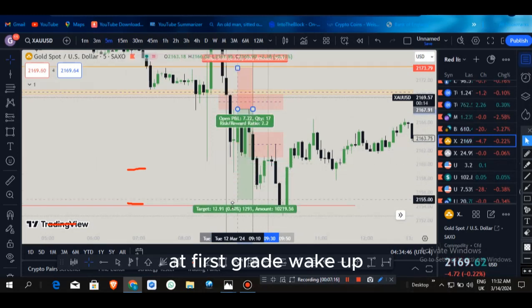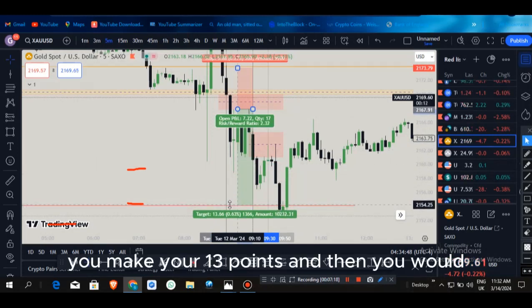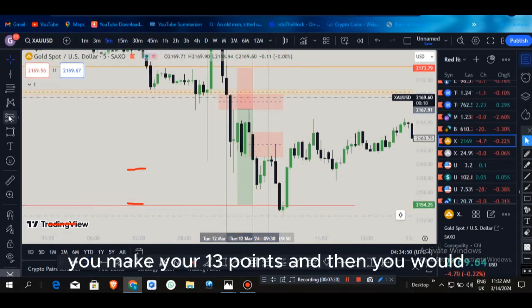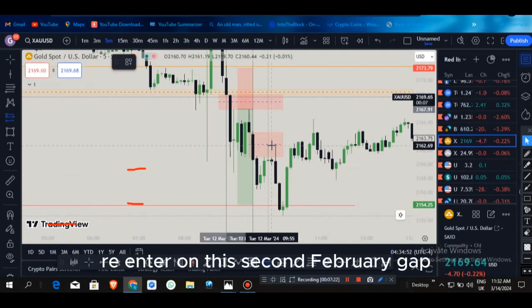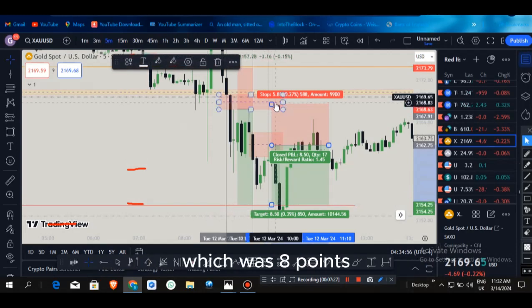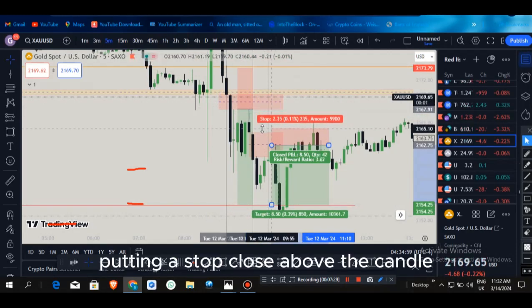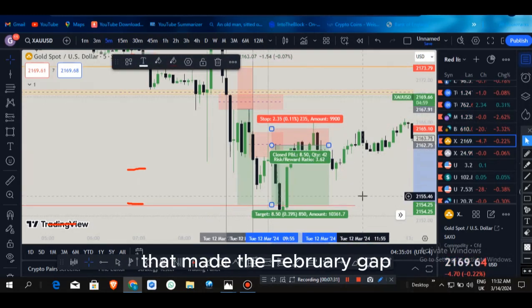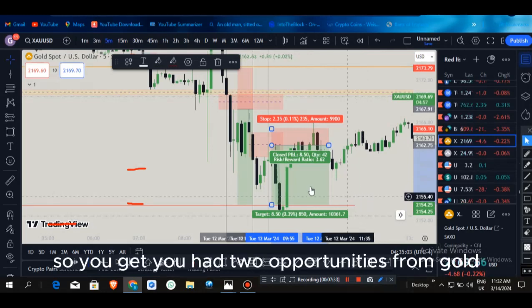That first heavy gap, you make your 13 points, and then you would re-enter on the second heavy gap, which was 8 points, putting a stop loss above the candle that made the heavy gap. So you had 2 opportunities from gold.